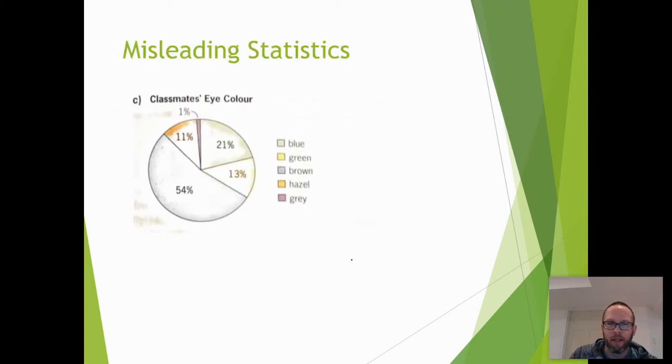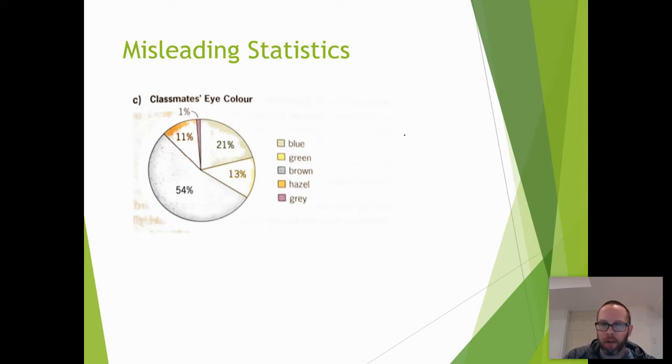Third scenario. So here is a circle graph showing the distribution of eye color among classmates. And as you're thinking about this, I might preface with saying, if the percentages weren't there, how might you feel about this circle graph?